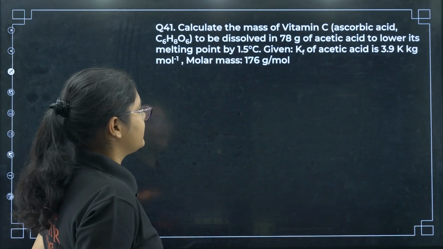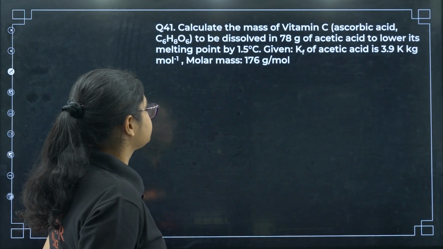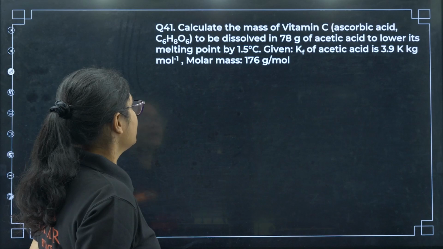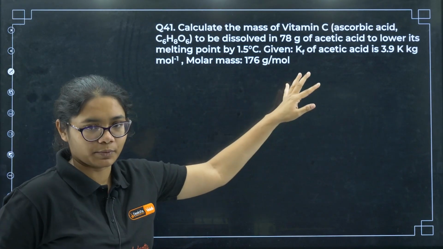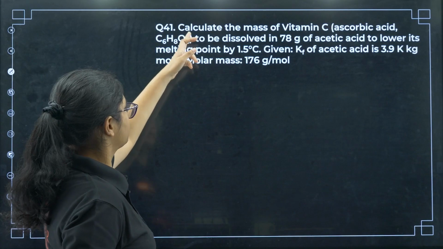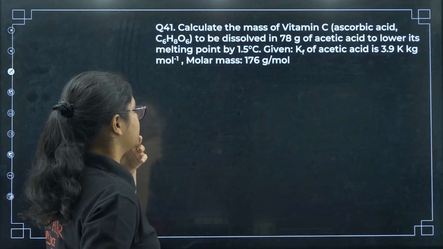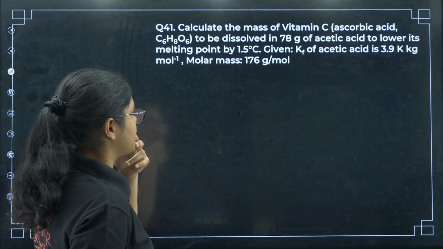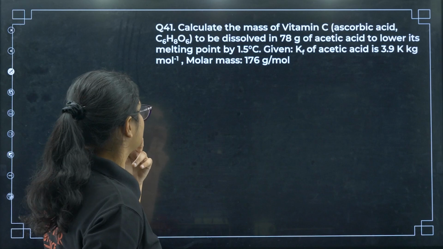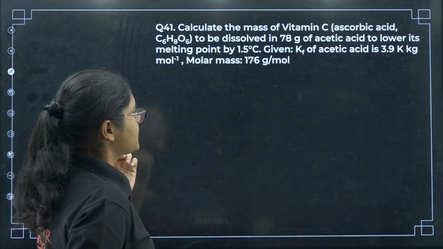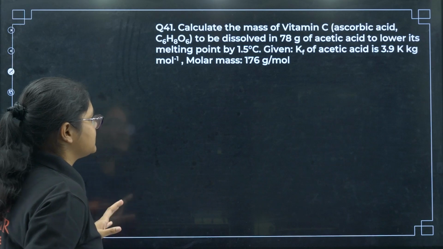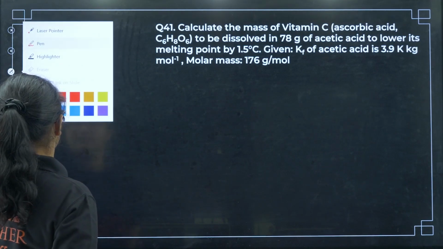Calculate the mass of vitamin C, ascorbic acid. Its molecular formula is given. Actually molar mass was not given in the question, but I have added it, but since the molecular formula is given, you can easily calculate the molar mass. To be dissolved in 78 gram of acetic acid to lower its melting point by 1.5 degree Celsius. Kf of acetic acid is given, molar mass is already given, okay.